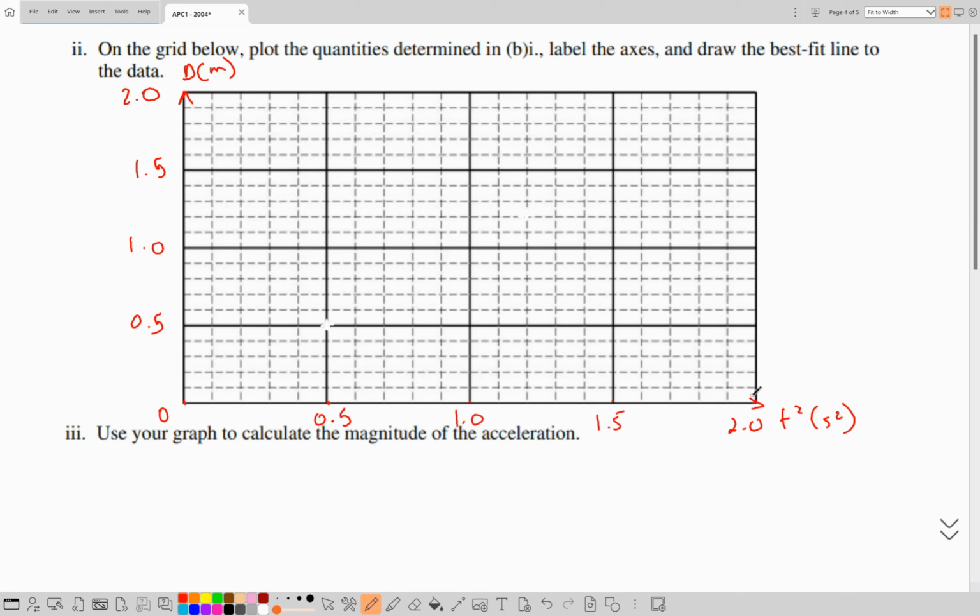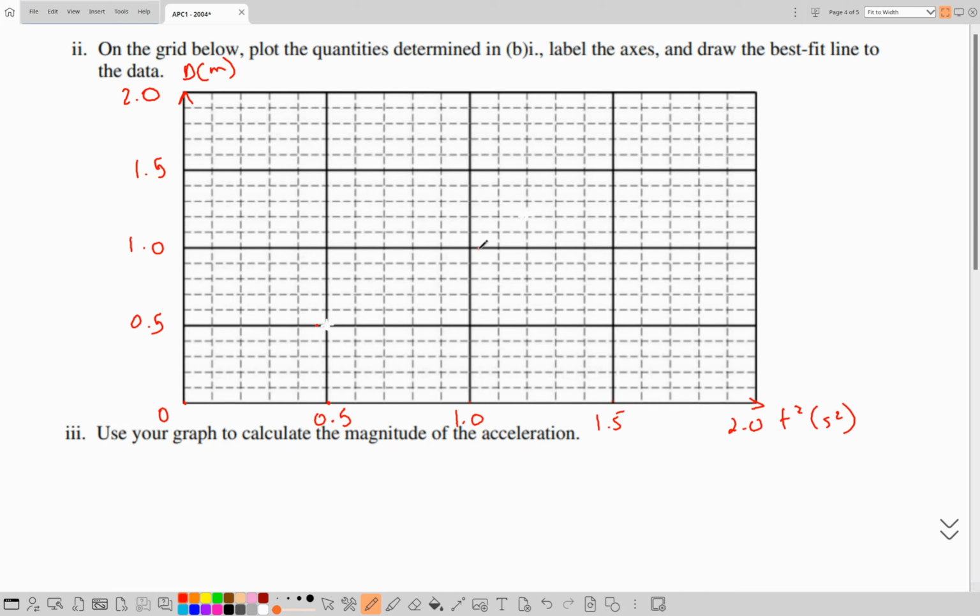Now starting with the first value, it's given by 0.46 for 0.5. Then if you look carefully, that would be 0.1, 0.2, 0.3, 0.4. So 0.46 is somewhere here for a vertical distance of 0.5. So that's the first point. Now the second point is given by 1.04, so that would be 1.1. This is 1.04 for a vertical distance of 1.